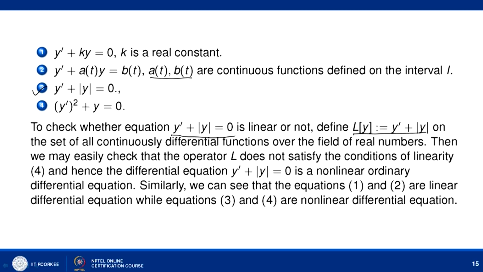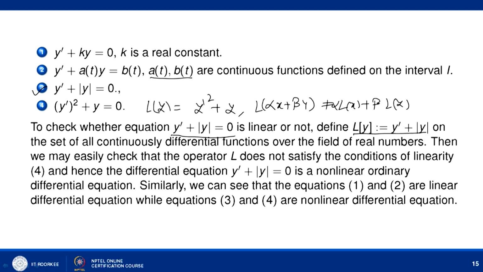You define L of y in this case as y dash square plus y. You can easily check that L of alpha x plus beta y does not come out to be alpha times Lx plus beta times Ly.